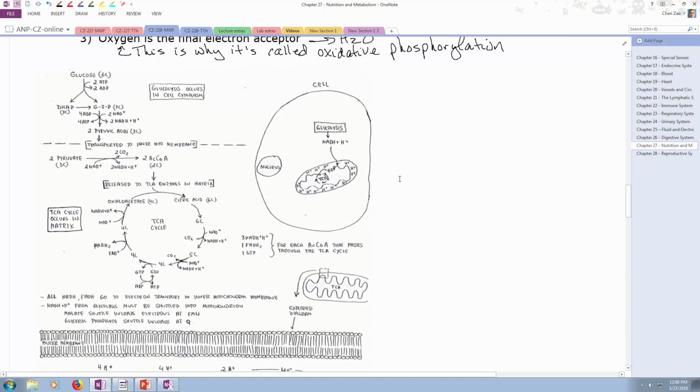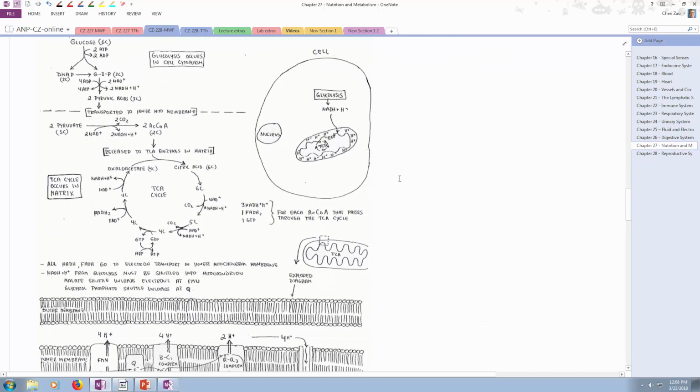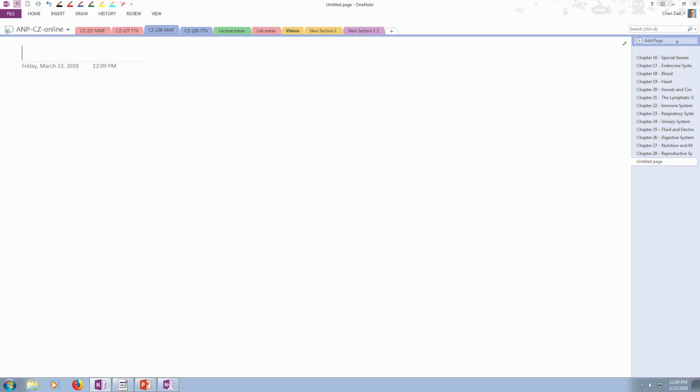This is something that you'll have to memorize, all of this. And the memorization can seem a little bit intimidating at first unless you break it down. So it's very important that you actually work on breaking it down. So let's add a page here and let's go over how we are going to break this down. We'll start with the first step, which is glycolysis. So we'll start with glucose. We know that's a 6-carbon molecule, and you just write this over and over again until you have it memorized.